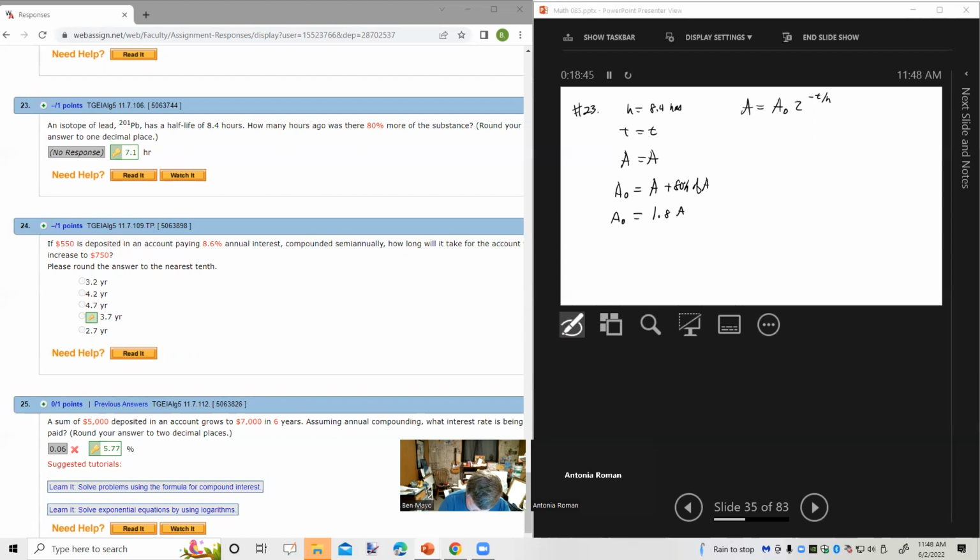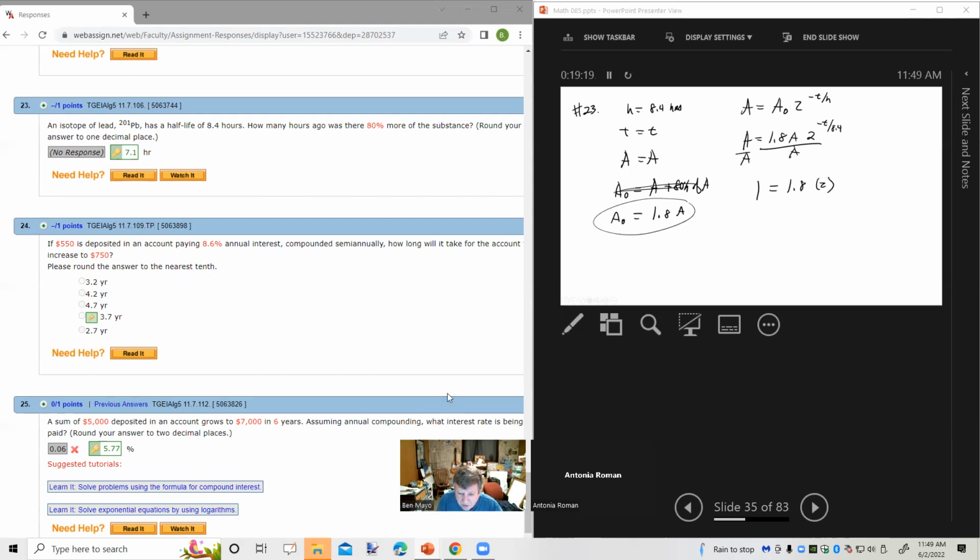I'm going to have, let's see here. This was just determining this. So I'm going to have A equals 1.8 A times 2 to the negative t over 8.4 power. I'm going to divide both sides by A, which is going to give me 1 equals 1.8 times 2. Actually, you know what? Hang on.